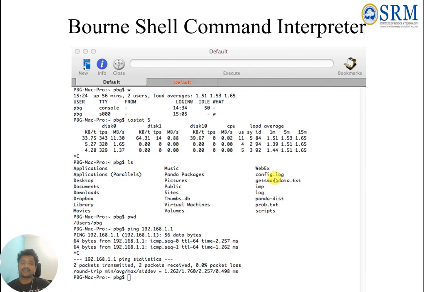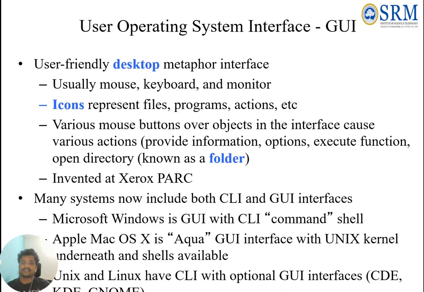Inside the directory, what files are available? To visualize that, we will be using ls. Passwd is where the user PBG is able to get into the password for privilege and permission access.